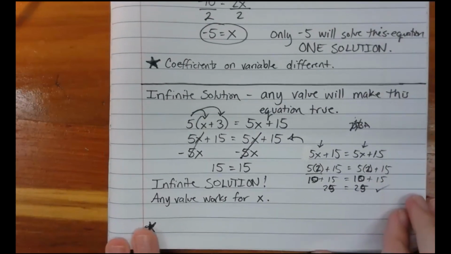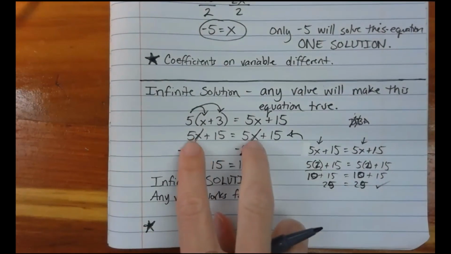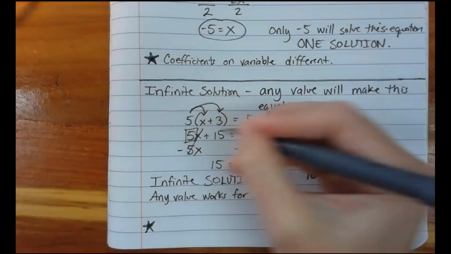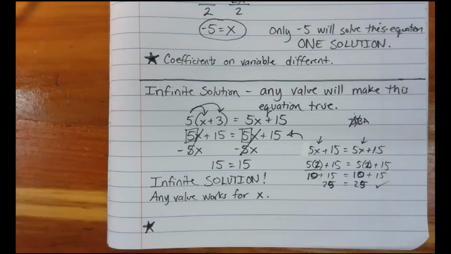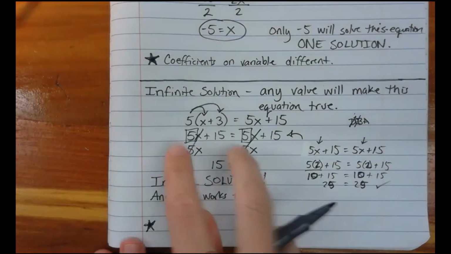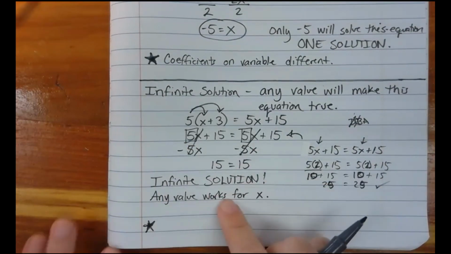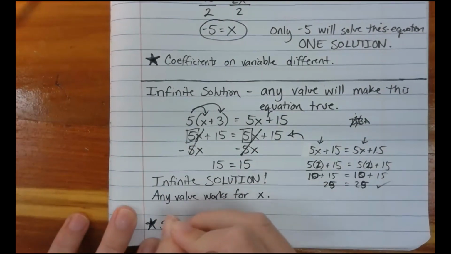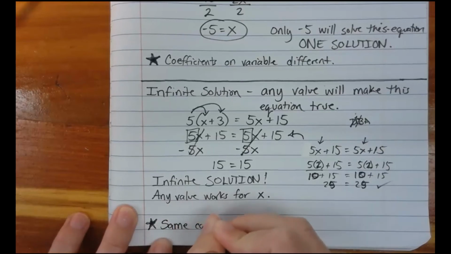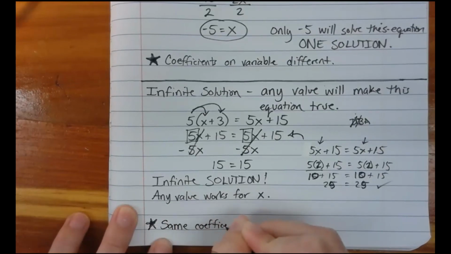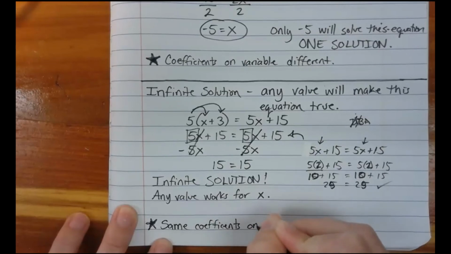Now, down here for infinite solutions, what do we notice about the coefficients in front of the x right here? They were the same, right? So when we're dealing with infinite solutions, we're going to end up with the same coefficients on the variable.